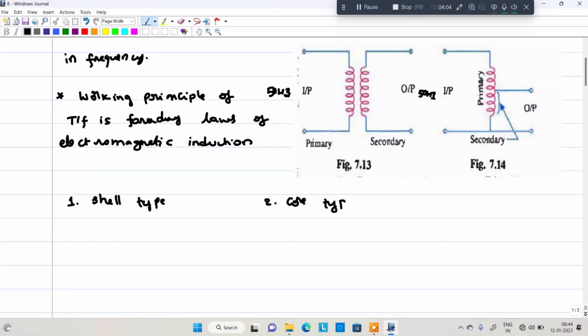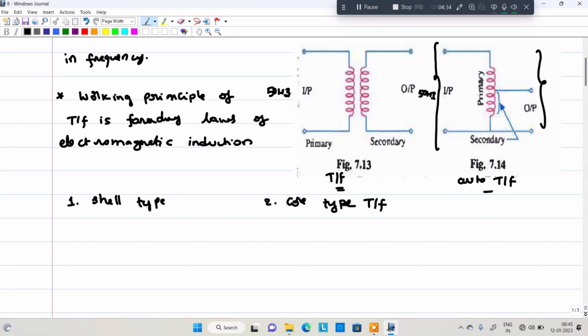Based on the number of windings, it is classified into the normal transformer, that is a 2-winding transformer, as well as the auto transformer. Okay, these are the two types. This is the actual 2-winding transformer, this is the auto transformer. This particular auto transformer I am going to discuss in the last part of the video. In this particular video we are going to focus only on the 2-winding transformer.